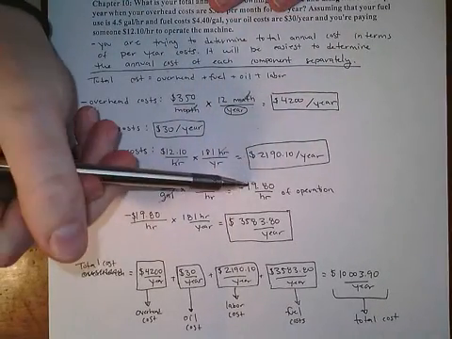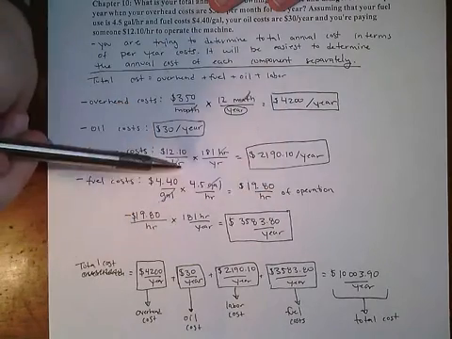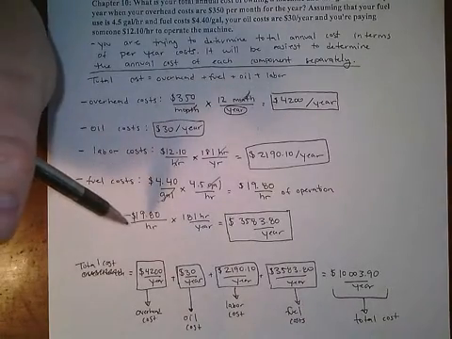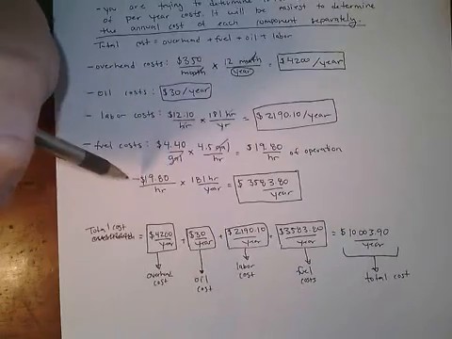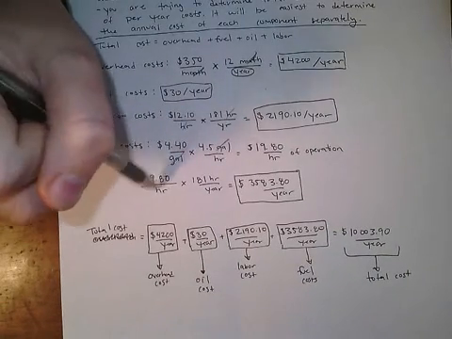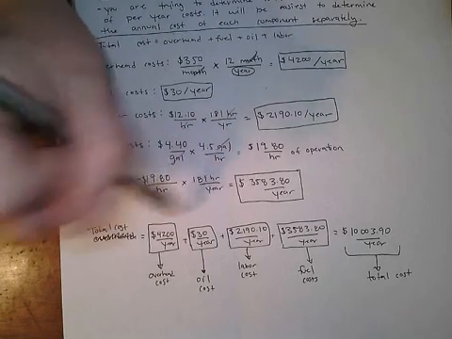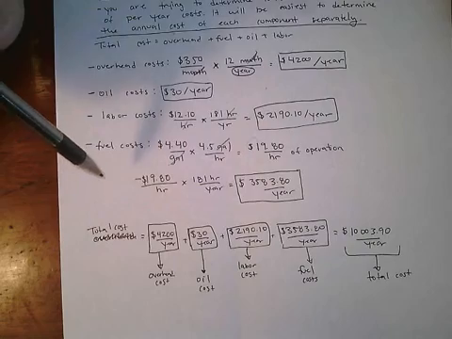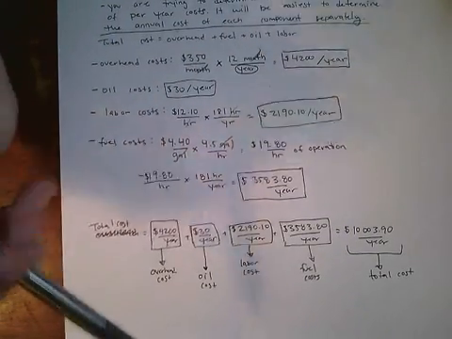And then this actually gives us $19.80 per hour. So now we can use the 181 hours we were given in the problem to determine our cost per year. So $19.80 per hour times 181 hours per year gives us $3,583.80.